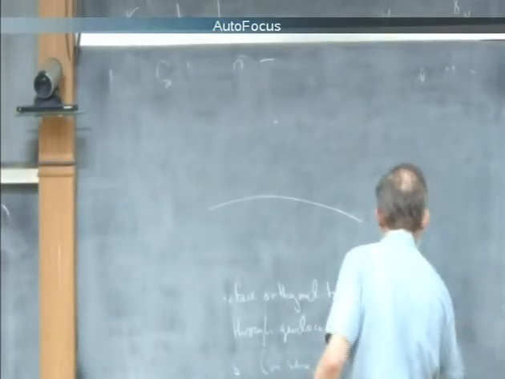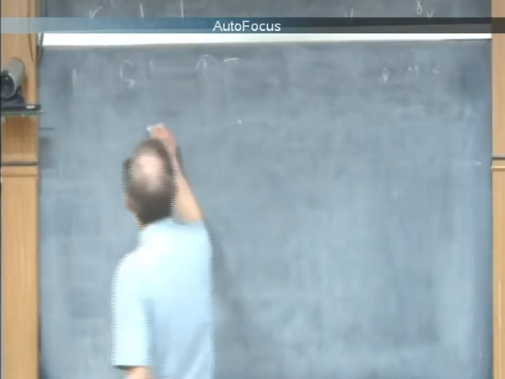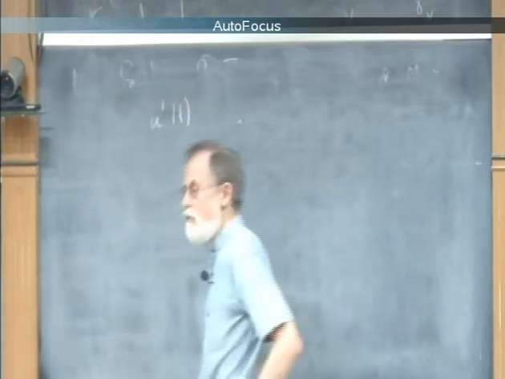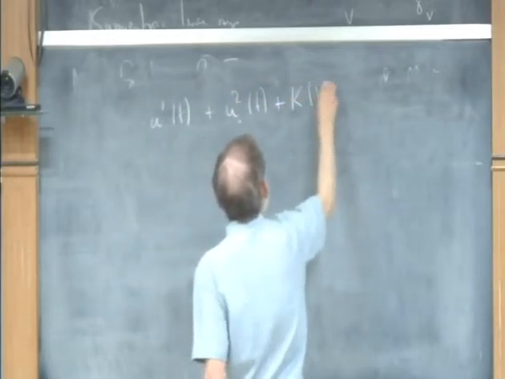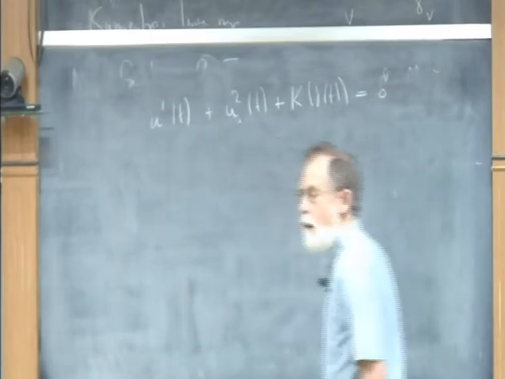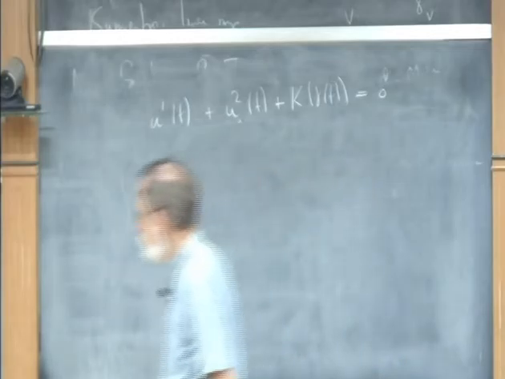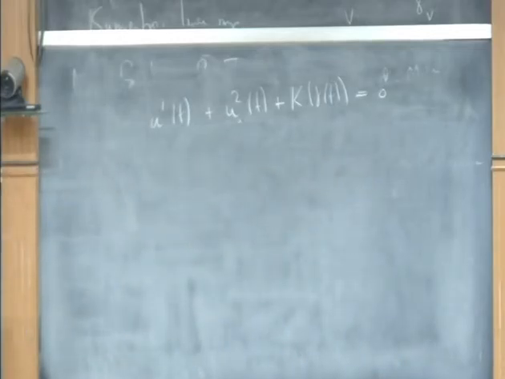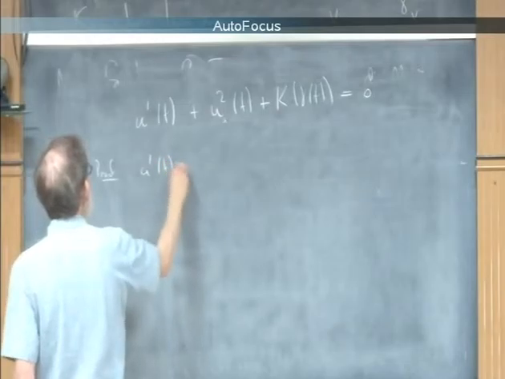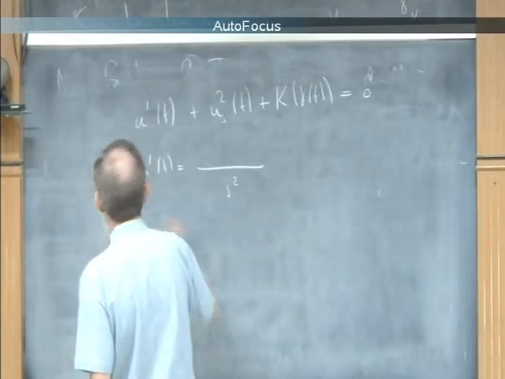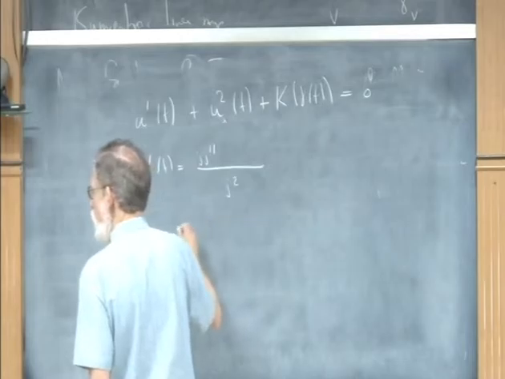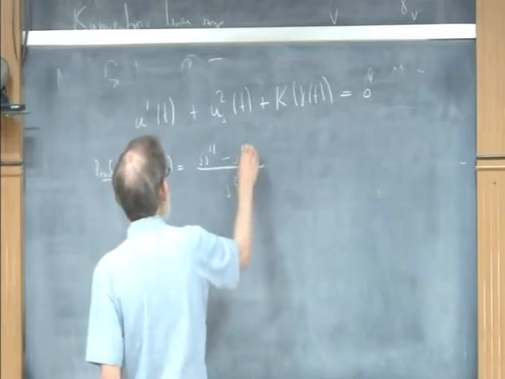And then it's easy to see the differential equation satisfied by U. If you just take U and differentiate it, U prime of t is, over j squared, I just get j double prime minus j prime squared.